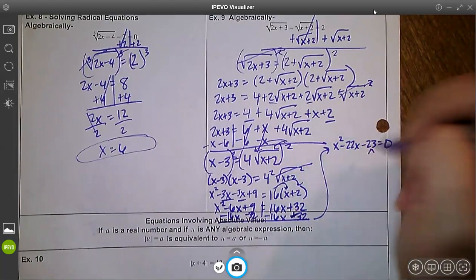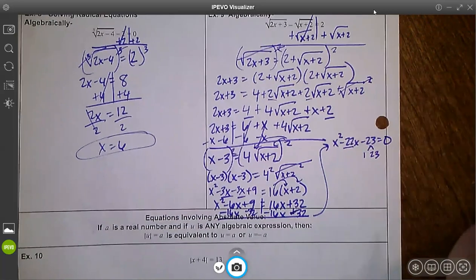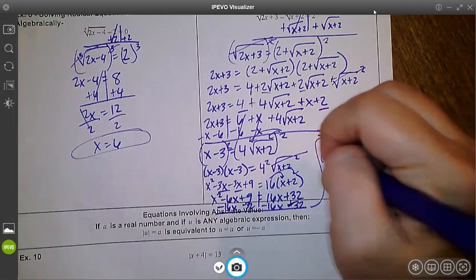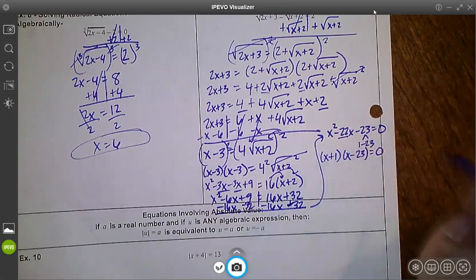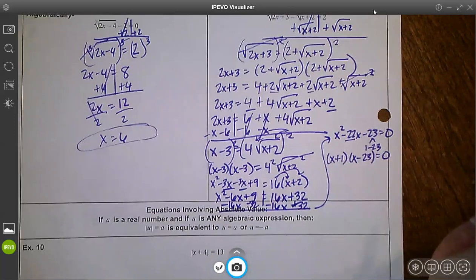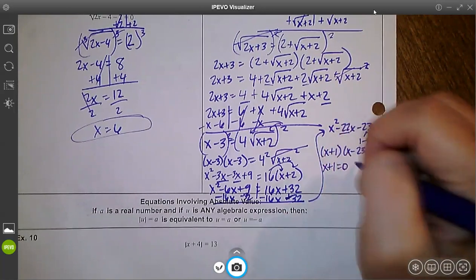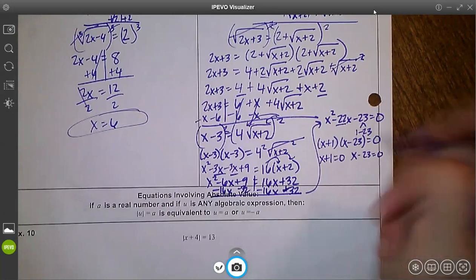Factors of 23 that give me 22 are 1 and 23. To get negative 23, I have negative 23. So I have x plus 1 and x minus 23. Use the zero product property to solve each equation.